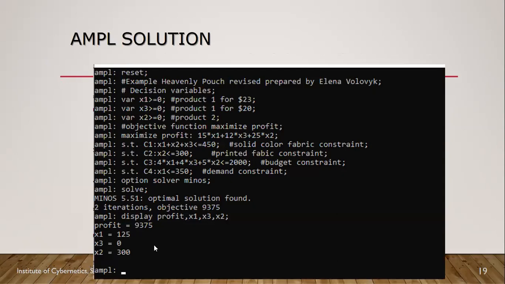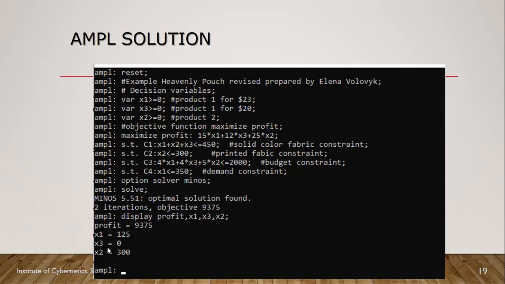After performing the computations through the solver, we obtained exactly the same results as in the previous lectures without this discounted product, mostly because x sub 1 is 125, less than 350.